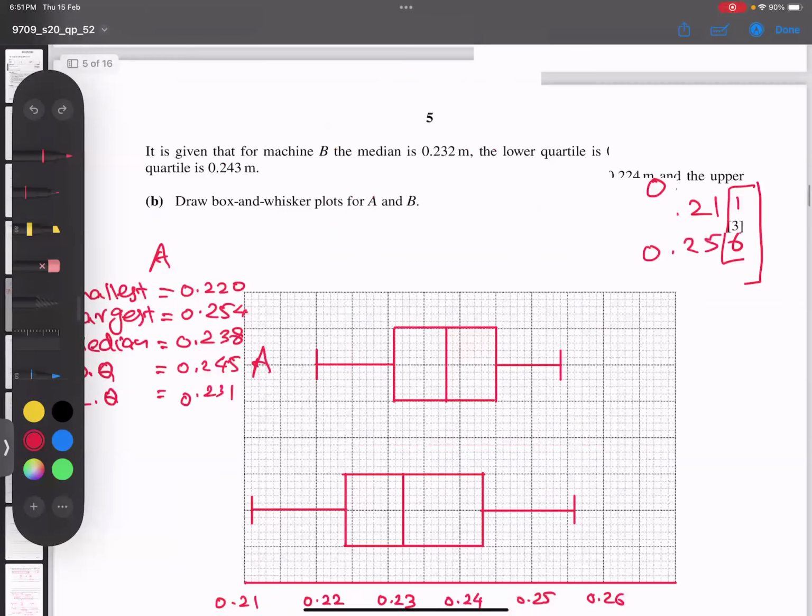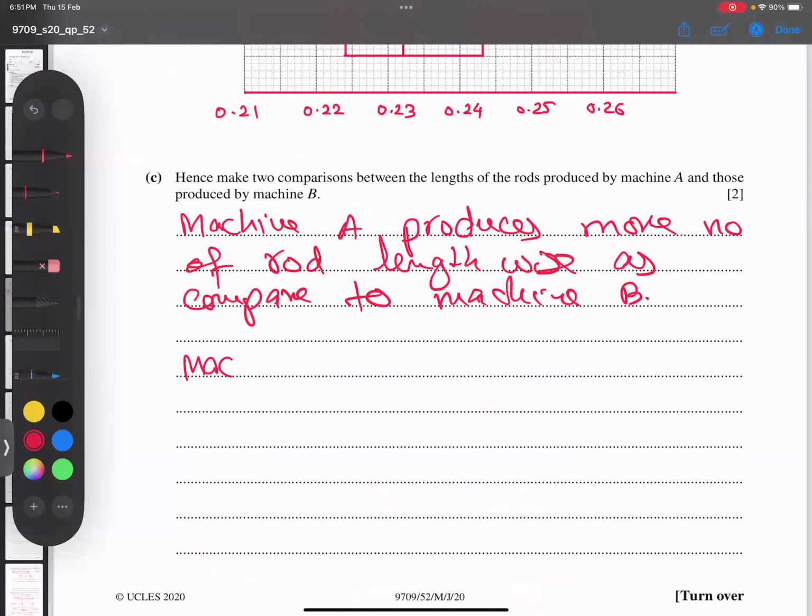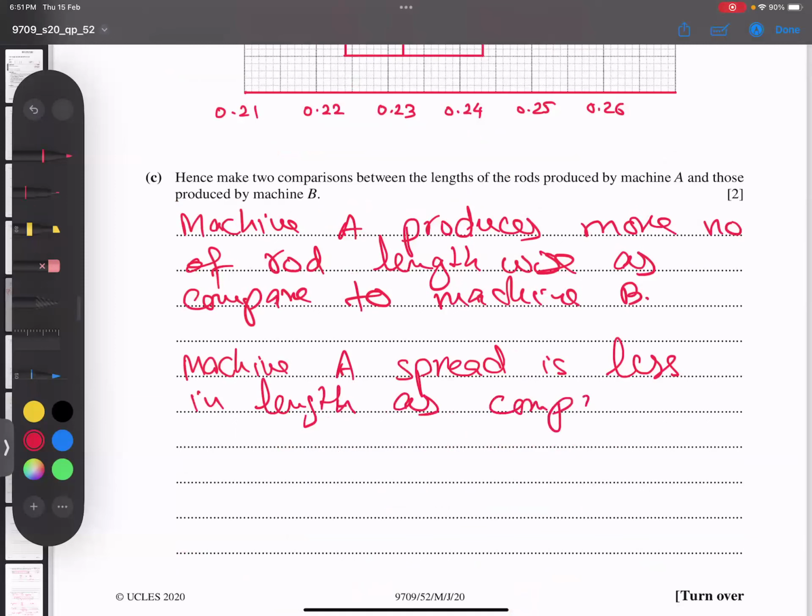So I can say that machine A spread is less in length as compared to machine B. So you can say from here that machine A is more consistent.